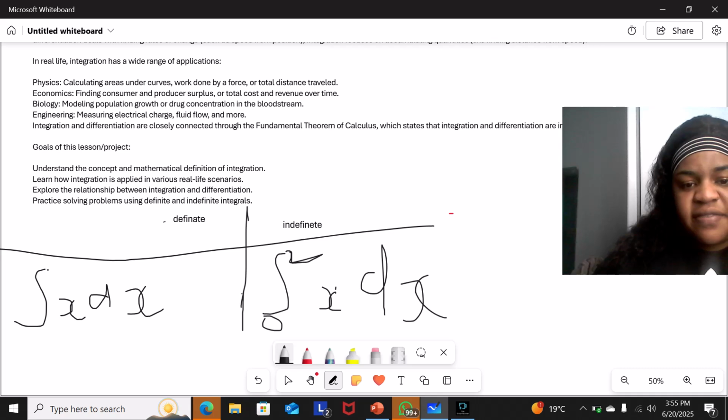This is the difference between a definite integral and an indefinite integral.